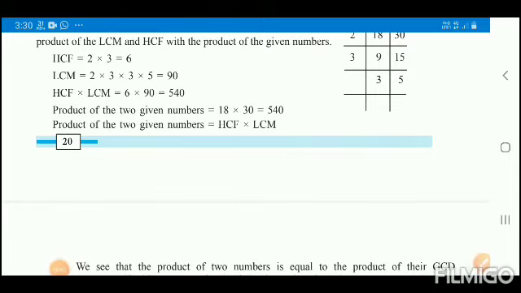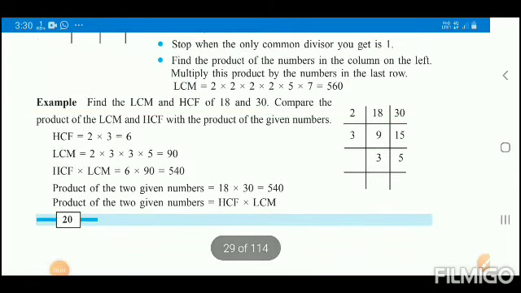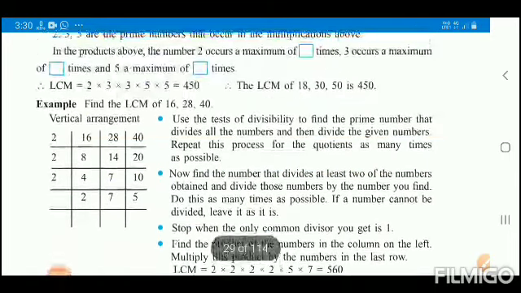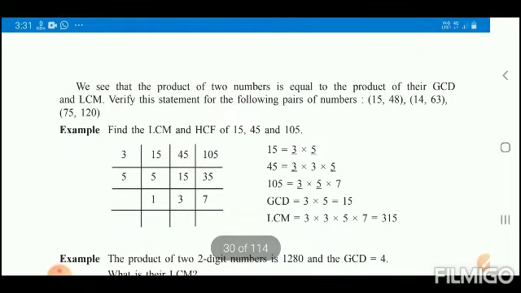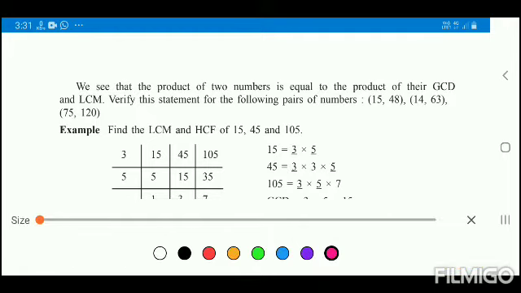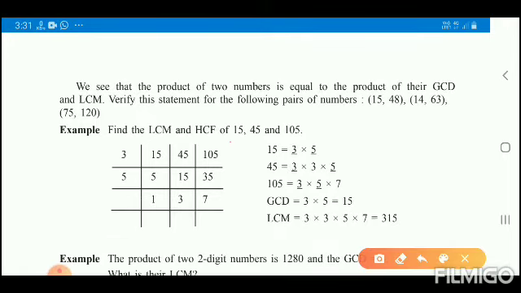So, by this method, I explain to you that if we take 3 numbers, then the product of these 3 numbers is not equal to the product of GCD and LCM. Do you understand?